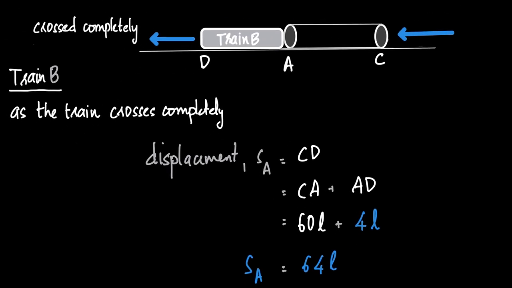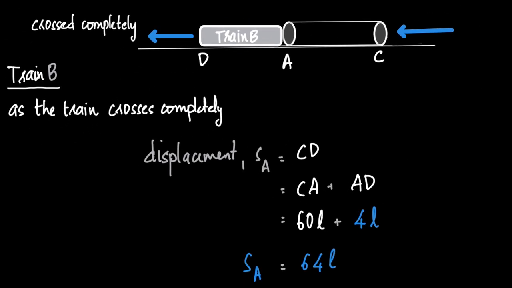Coming to train B. Now the only difference here is that train B is approaching from the left and is moving towards the right. Therefore, it will enter the tunnel at C and will leave the tunnel at A. Therefore, the displacement of this train B would be CD. Now, this is where the previous diagram, the one I told you to draw, comes into the picture.